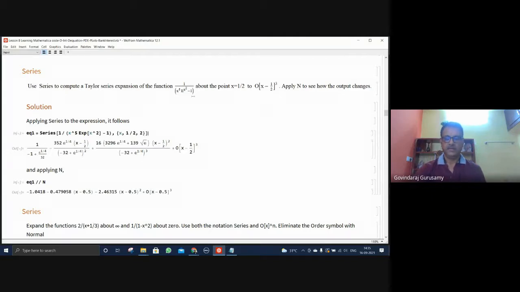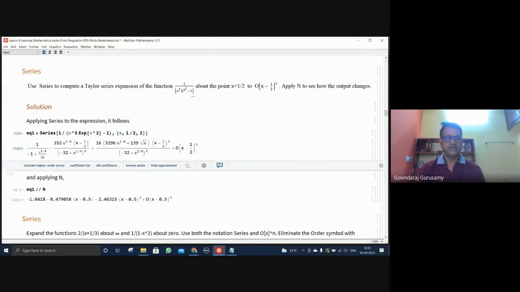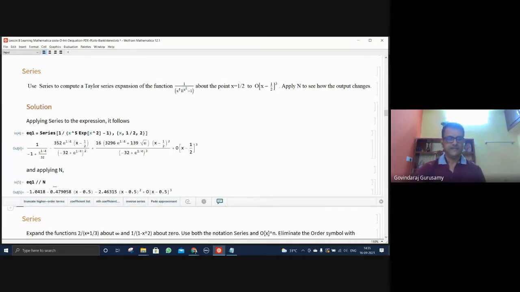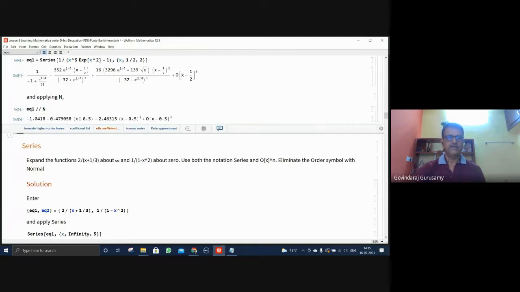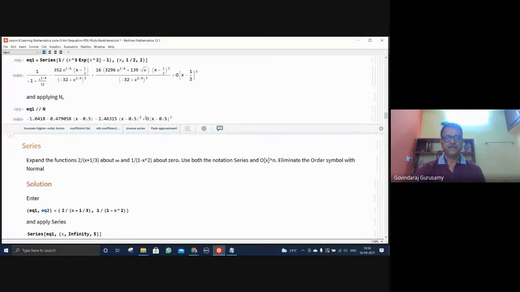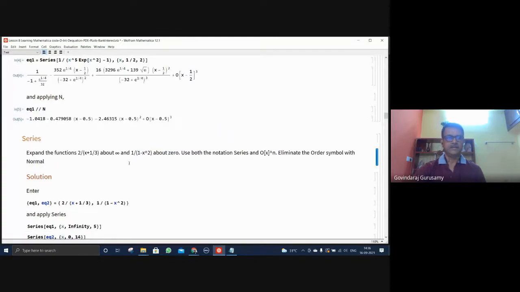Now the equation 1 is expanded. We already found the answer, and we are applying the numerical value of that, and this is the value we have, and you can find out for a given x what the value of this series is. This is the approximation. Now suppose you don't want to see this, you put Normal.